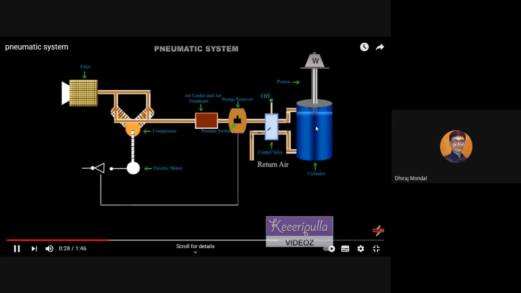When it is moving, this lever control is there. You can see the pressurized air is coming this way, and the load is moving downward. Is it visible? Are you watching or not?